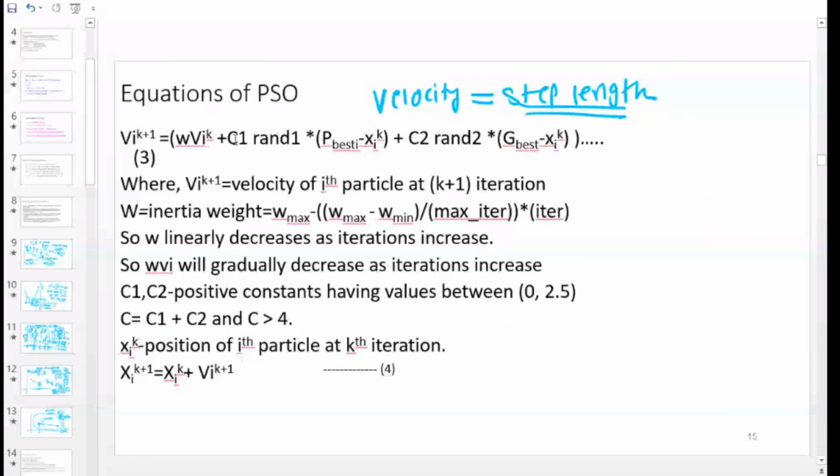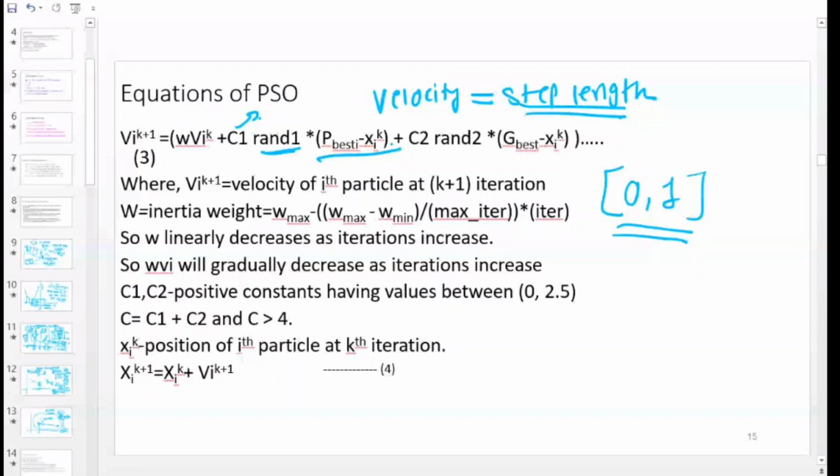And then this is c1, a positive constant, whose value is taken as 2.1. Of course it lies between 0 to 2.5 or 2.1, right? It's a constant.